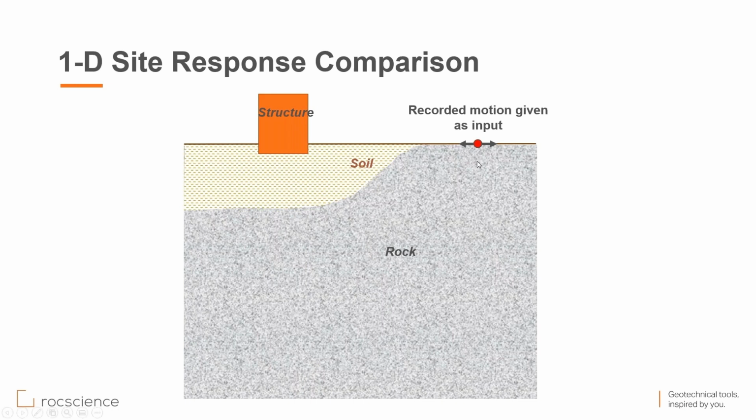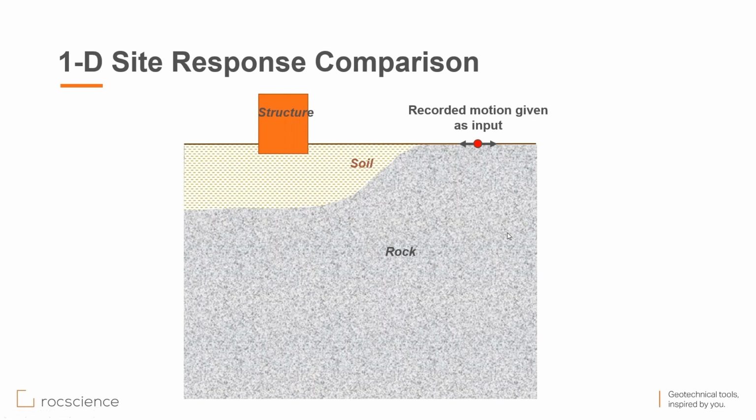And when you want to model 2D or 3D dynamic models, the depth of the models will depend on the structure, on the geography, and might depend on the specific needs of your project. And sometimes the depth of the 3D or 2D models is not the same as the depth of the recorded motion.